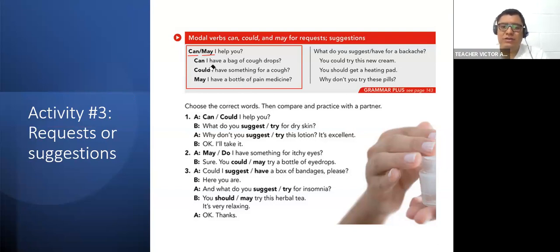And we have some other answers here. Can I have a bag of cough drops? Could I have something for your cough? And may I have a bottle of pain medicine? So in this case, guys, depending on the expression that we use, there are some differences in terms of meaning. We can use both, but the meaning is a little bit different.